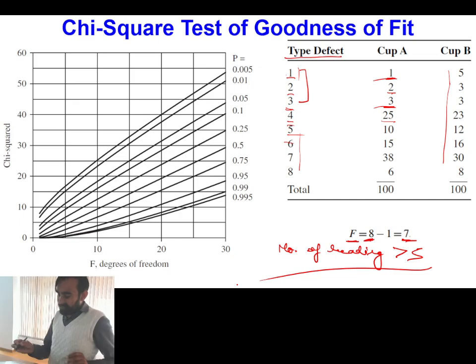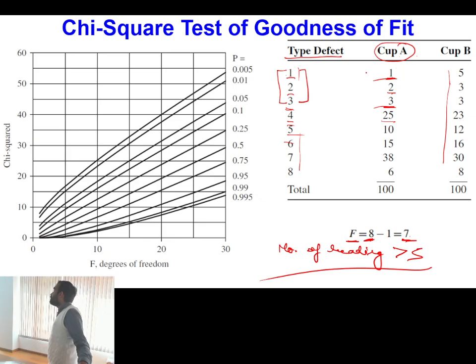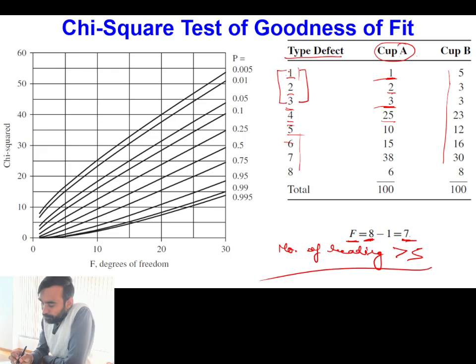Okay, so if we see in cups of type A, the reading number 1 or defect number 1, 2 and 3, the corresponding quantity of defected cups is very small, less than 5. So this does not represent a good statistical sample. So in order to make it a good statistical sample, what we will do is club together defect 1, 2 and 3 and make it a single category of defect, combined 1, 2, 3.